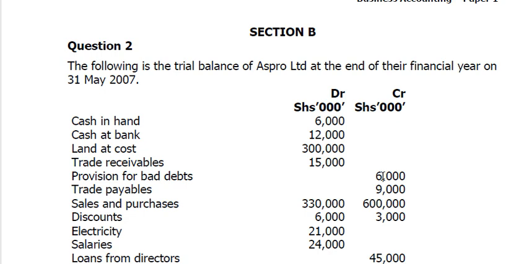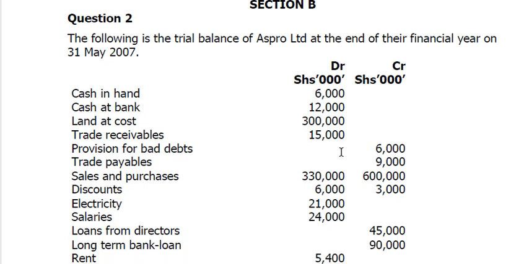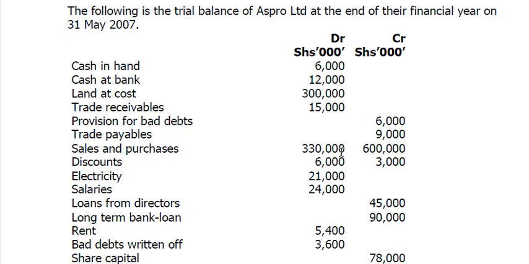As you can see, you have cash in hand, cash at bank, land at cost, the trade receivables, provisions for bad debts, the trade payables, sales and purchases, and the discounts. Remember, when it comes to the discounts, we have the discounts allowed as well as the discount received.